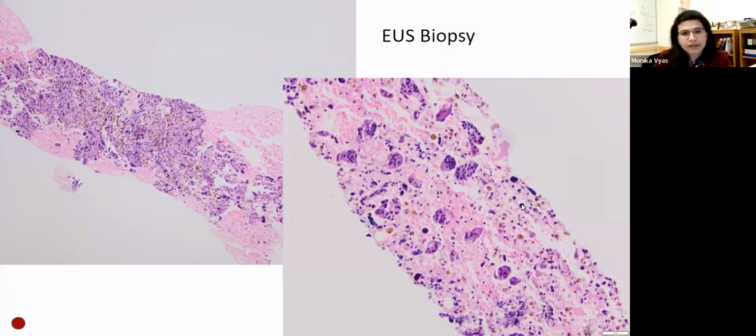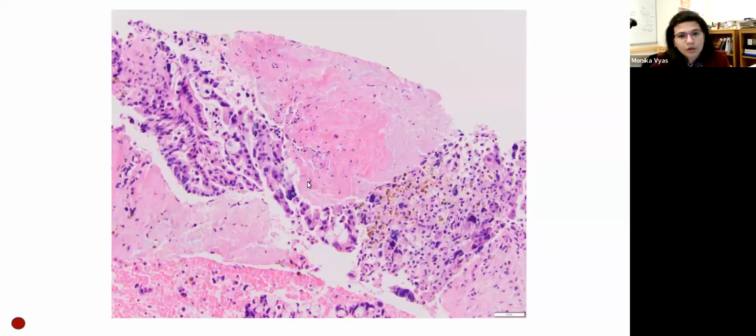So this is definitely concerning for malignancy. Then very small areas in this biopsy showed some gland formation, but these glands were again very highly atypical. They were right in the stroma, so not detached epithelial cells, but malignant glands within the stroma, which is always concerning for an adenocarcinoma.